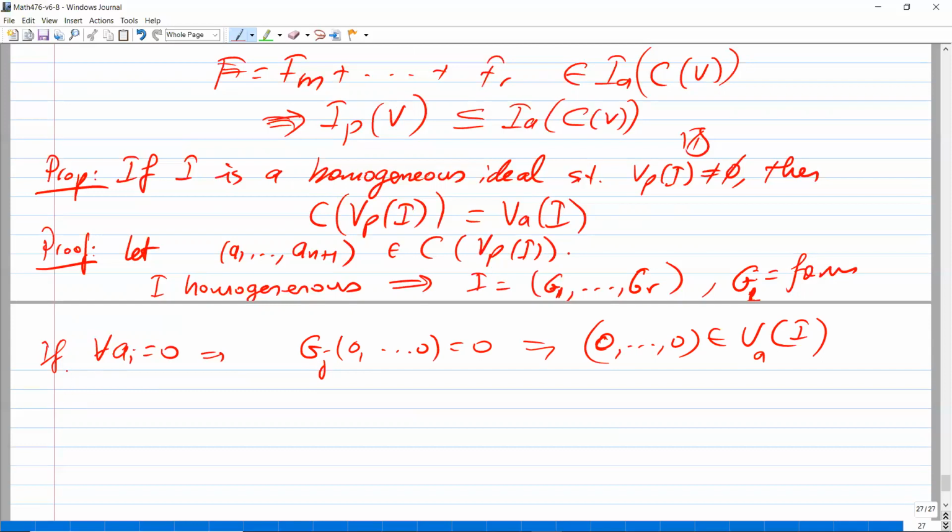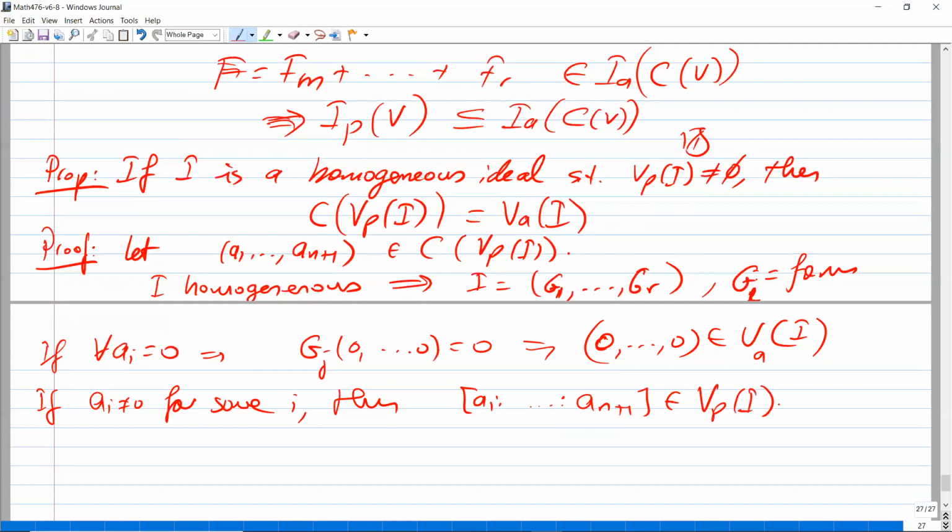So if one of the Ai is not 0 for some i, then this point (A1, ..., An+1), by definition of the cone, is in VPI.